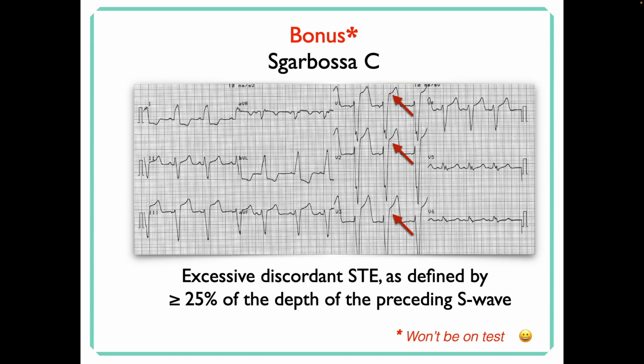It was adjusted to be that if you have ST elevation greater than or equal to 25%, from isoelectric line to J point, of the S wave, so start of the QRS to the bottom of the S wave, that counts as Sgarbossa C. I think that one's harder, because you have to really measure it, and so I don't require it. I think that's a harder one to do in the field, because it doesn't work unless it's really precise. Not that we can't be precise, but not necessarily in that circumstance.